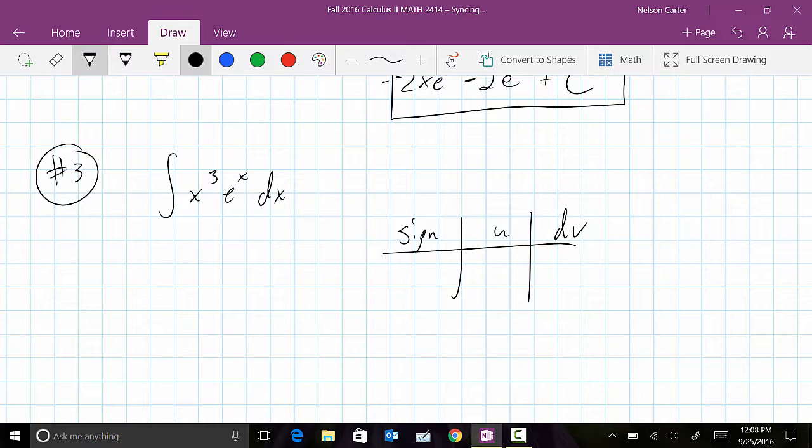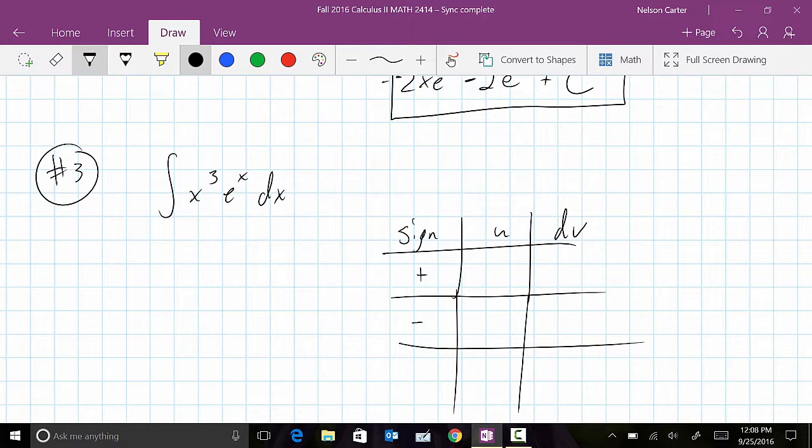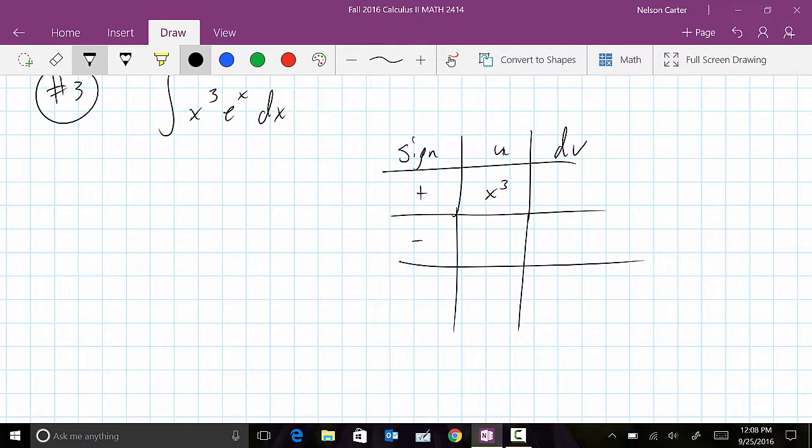Okay, so what we're going to do here is we're going to start off with a plus sign. You always start off with a plus sign when you're doing your tabular method. And let's start off with the thing that we're going to differentiate first, which is going to be the x cubed. And let's just continue to take derivatives here until we get 0. So 3x squared, 6x, 6, and then 0.